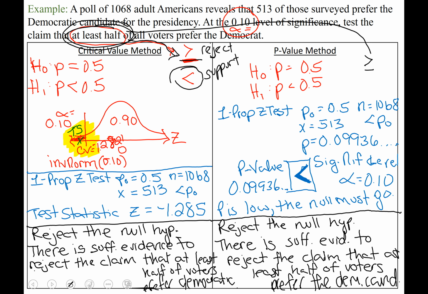Oftentimes they'll ask for parts from both methods though. Like they'll ask, what is the test statistic? And so you'll give them z equals -1.285, and then you can use the p-value method to make your decision if you prefer. But I hope that seeing those side by side helped, and I'm going to move to the next slide now.